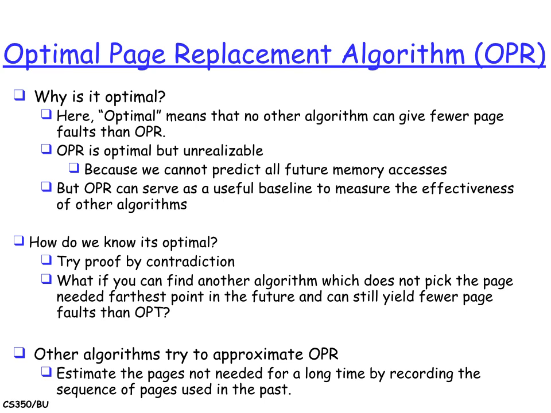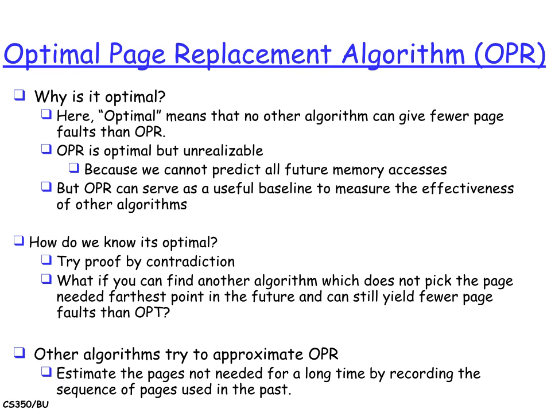The OPR algorithm depends upon the knowledge of all the future memory accesses. Unfortunately, it is almost impossible to predict for any reasonably complex program. It's almost impossible to predict what will be all the future memory accesses for the program.